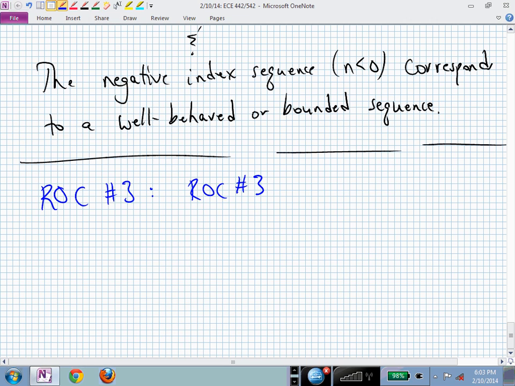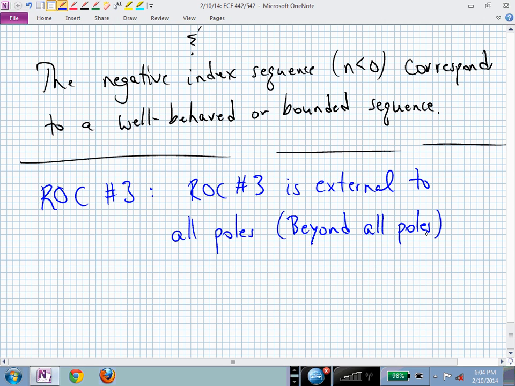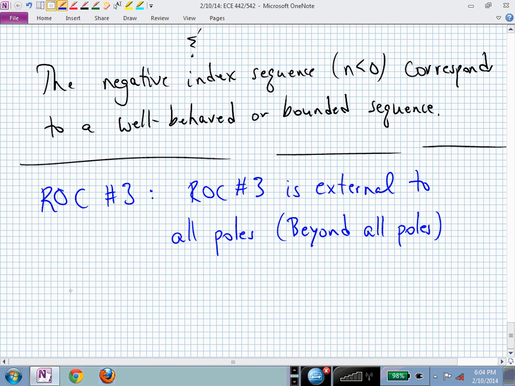Region of convergence number 3 is external to all the poles, or it's lying beyond all the poles, or stated another way, the region of convergence expands in this case outward to infinity.